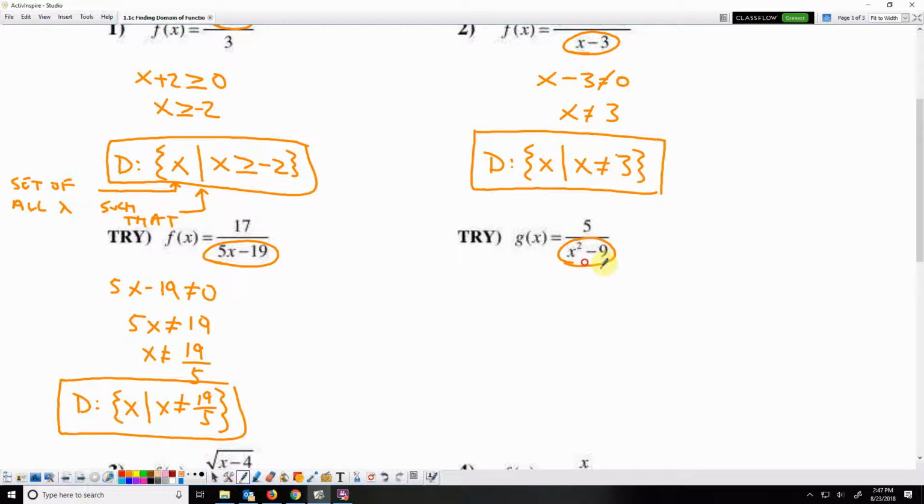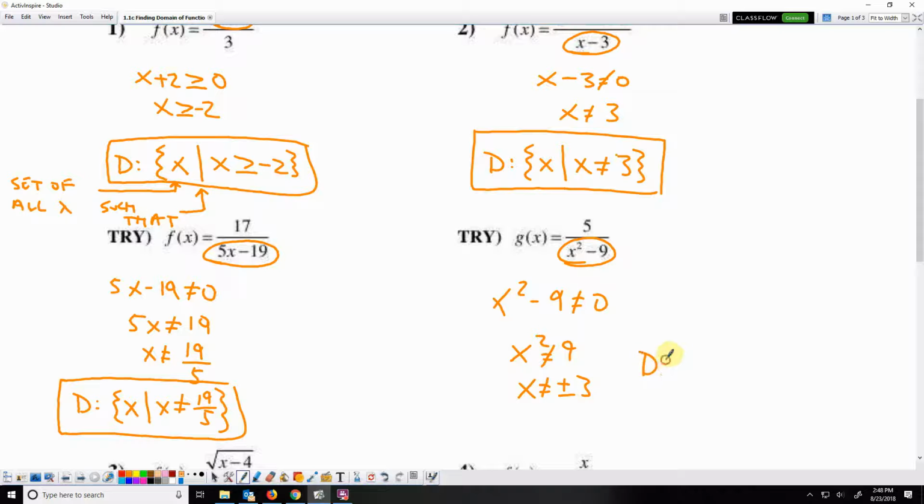And again, a denominator with a variable in it, that denominator cannot equal 0. So x squared cannot equal 9. And when we take a square root, remember we've got two solutions. X cannot equal plus or minus 3, because positive 3 squared is 9 and negative 3 squared is 9.